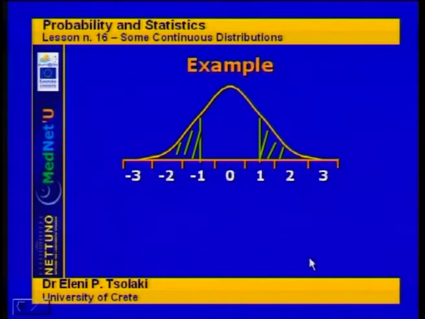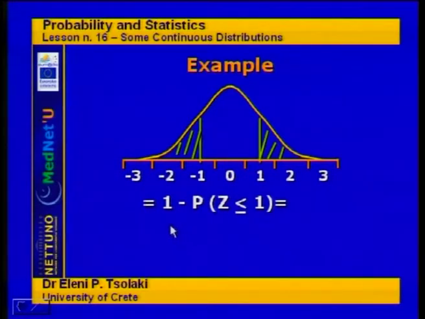In order to calculate now the probability that z is greater than 1, we change it. As we said, most tables give the probability of z less or equal than a number and not greater than a number.